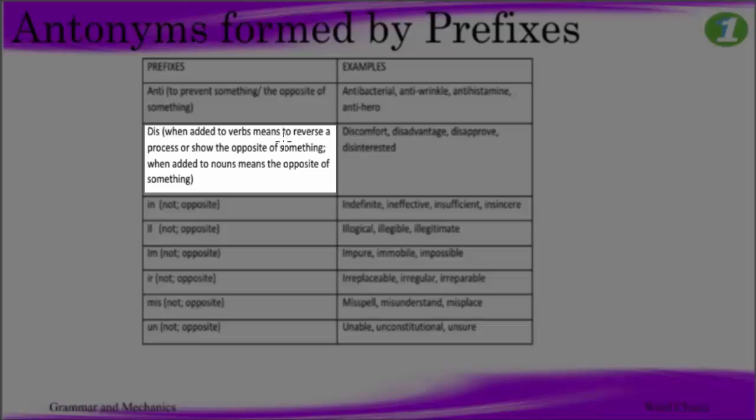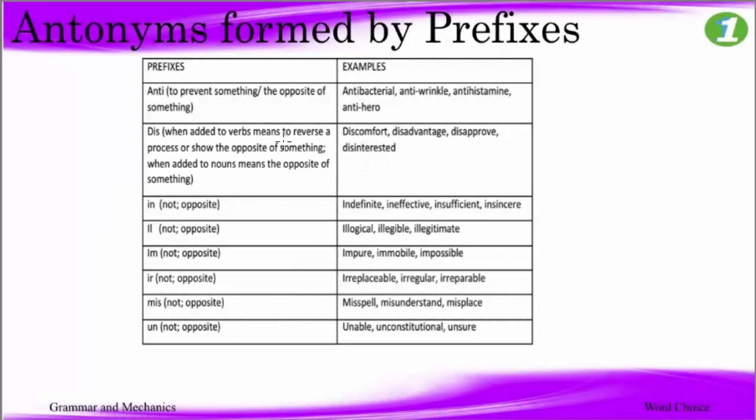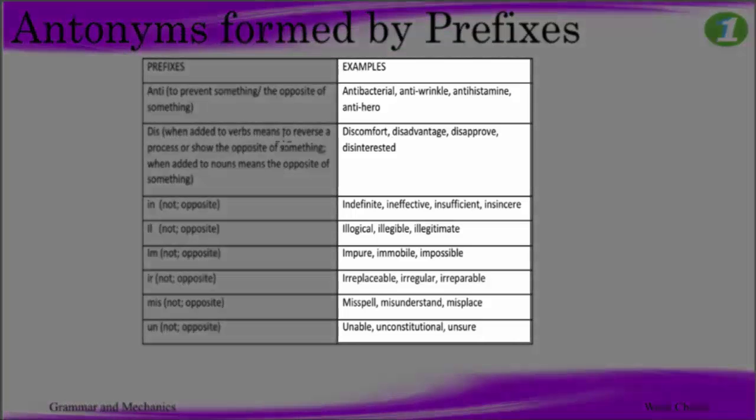This, when added to nouns, means the opposite of something. And then all the others mean not or the opposite of. And here we have several examples in each case to show us. So antibacterial, here's another one, anti-wrinkle, antihistamine, anti-hero. Notice that the anti is being added to existing words.